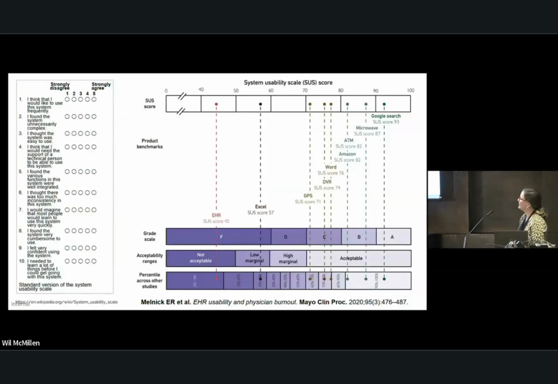So just highlighting here, this is what's called the System Usability Scale. It's a standardized, 10-question usability questionnaire that's been used since the late 80s for a variety of technologies. The score is calculated using a somewhat complex formula, but I just want to highlight that here are technologies like the microwave and Google search, and then here's the EHR, which gets an F. And you can say, well, is it really fair?